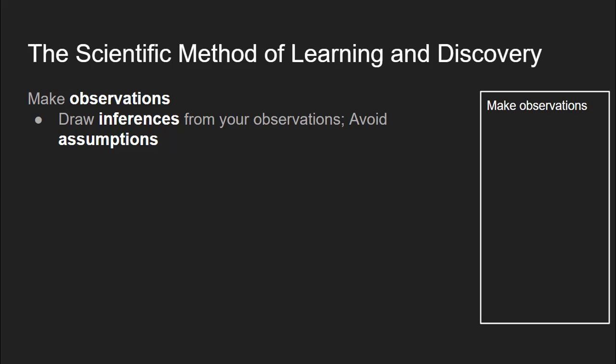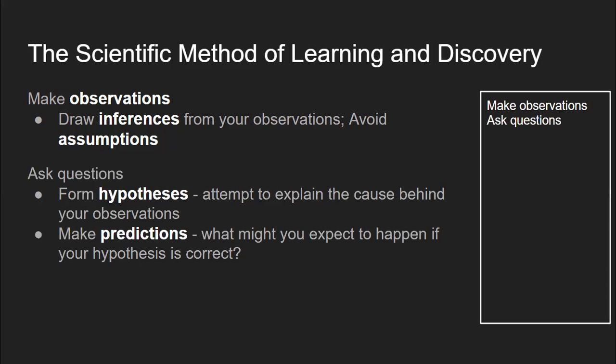So your very first step of the scientific method is going to be making these observations and drawing inferences from those observations. From there, you can get to the questions. And the questions are now going to be things you want to find out more about what you have observed and from these inferences that you're drawing from these observations.